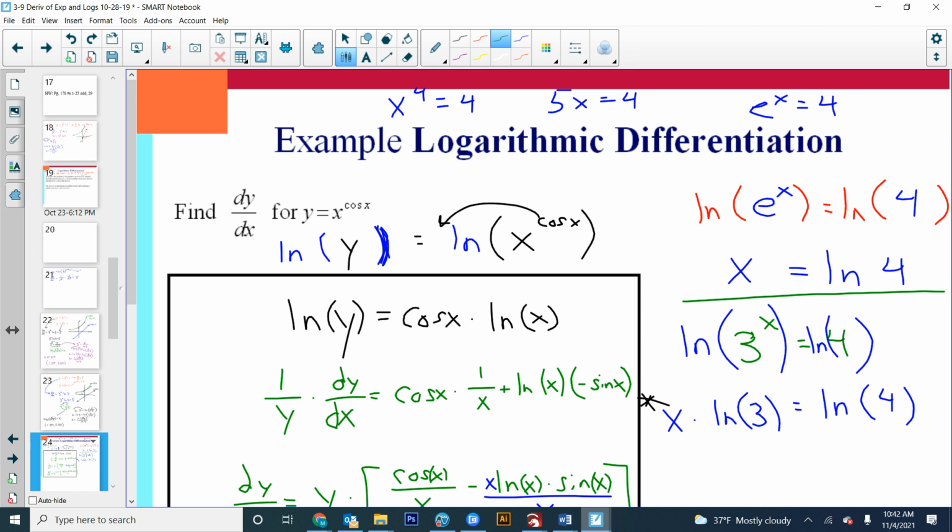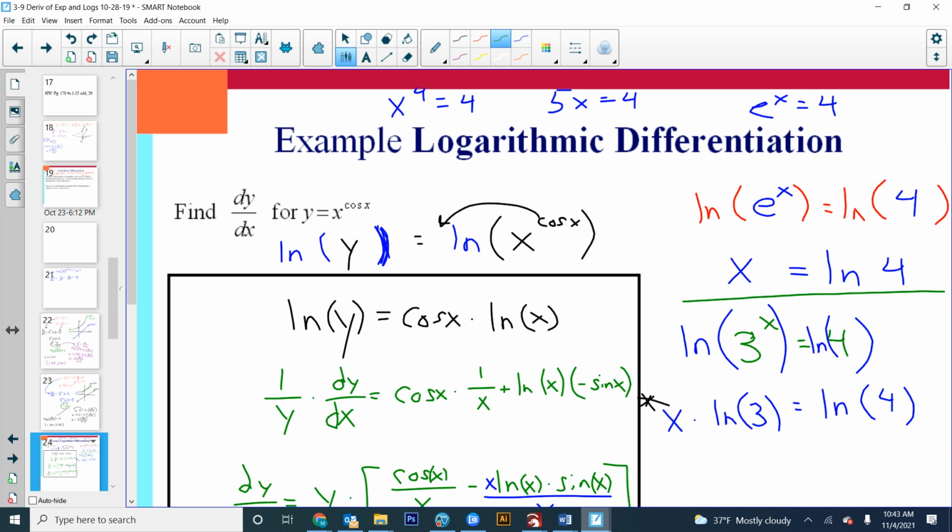This will work for any application. All right? I don't know a rule for that. I'm going to ln both sides. Lnning allows me to bring that exponent down. Now, wait a minute. All eyes up here. Every single time you're doing this to bring this function out of the exponent, that exponent gets multiplied times what?